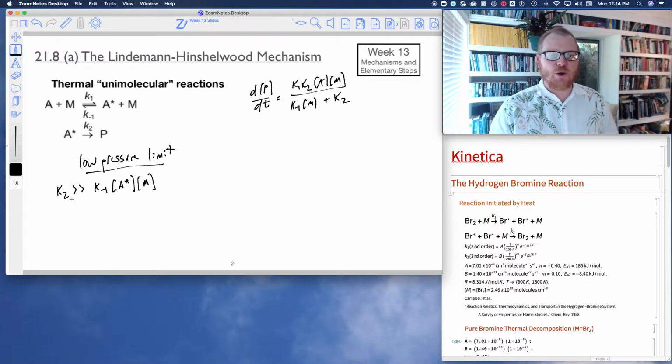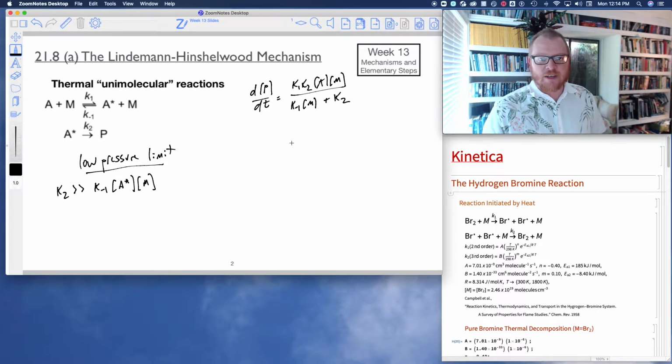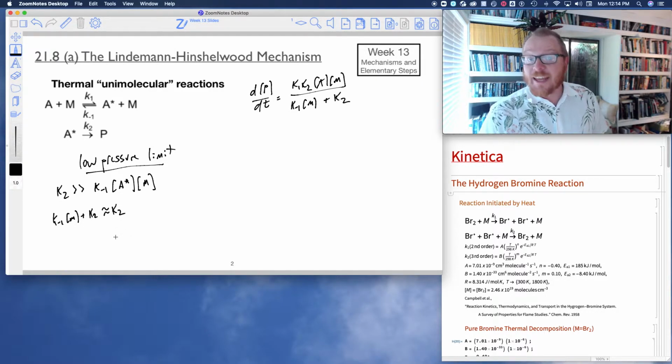Now if K2 is much larger than K minus 1 times A star times M, then in this denominator, K minus 1 times M is very small. It's not even times A star anymore. So it's very small compared to K2. And so what we can say then is K minus 1 times M plus K2 just approximately equals K2.